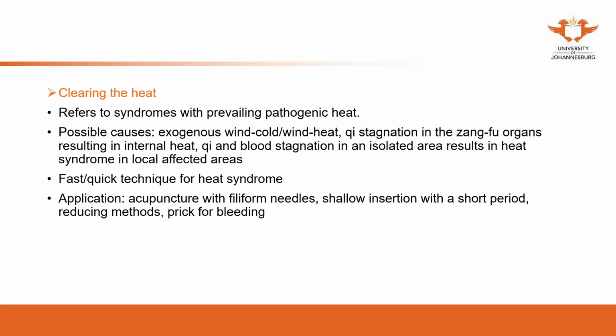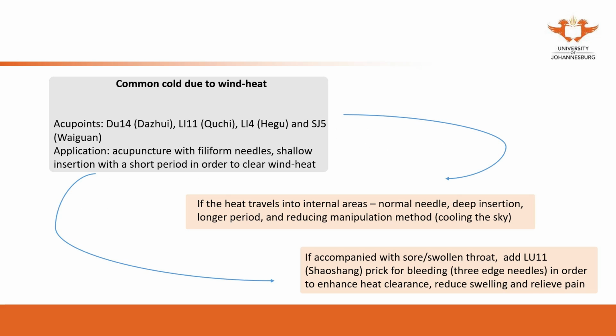Once you diagnose the syndrome, the principles and applications will follow the syndrome. For instance, a patient suffers from a common cold due to wind heat, presenting with runny nose, sticky phlegm, and sneezing, a slightly red tongue with slightly yellow coating, and a slightly sore throat.